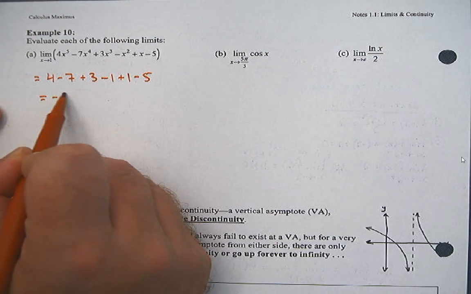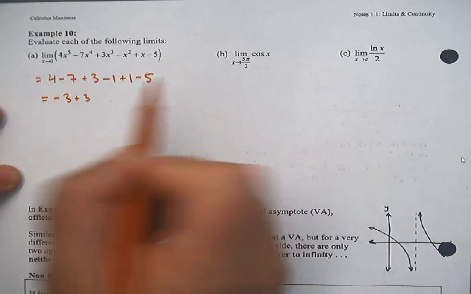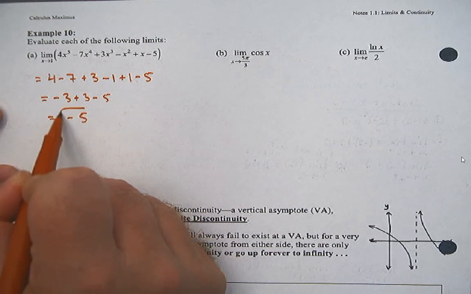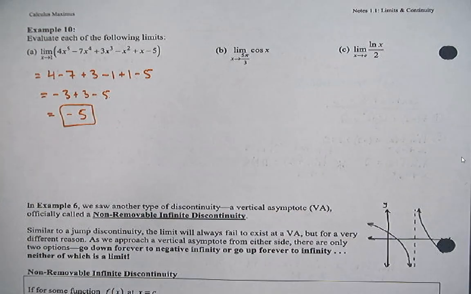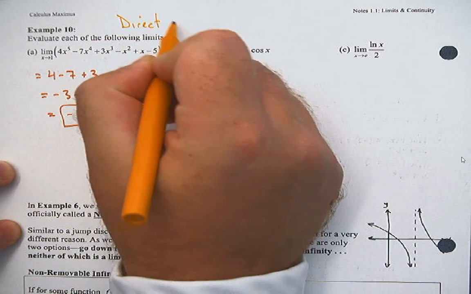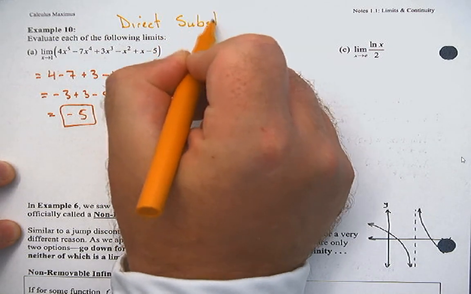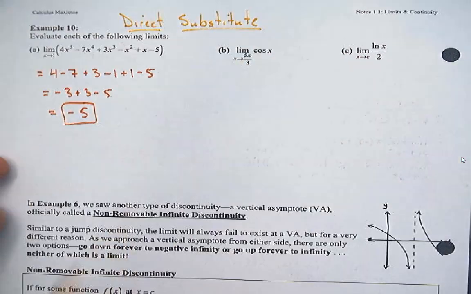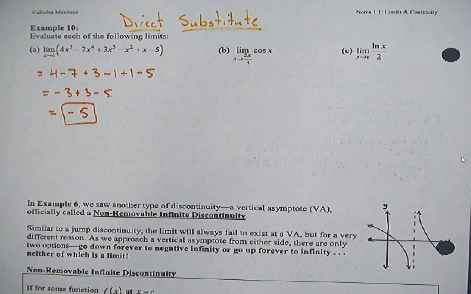That would be negative 3 plus 3, negative 1 plus 1 is 0, minus 5. I would get negative 5. So if you can, direct substitute. Try to direct substitute. Just plug and chug.